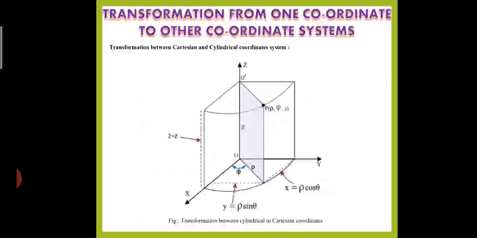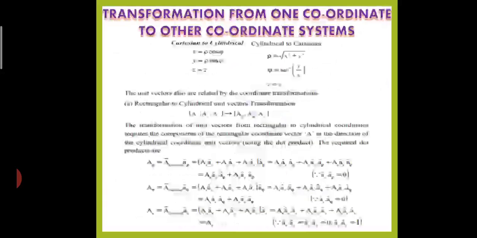The unit vectors are also related by the coordinate transformations. Now, the rectangular to cylindrical unit vector transformation, from ax, ay, az to a rho, a phi and a z. The transformation of unit vectors from rectangular to cylindrical coordinates requires the components of the rectangular coordinate vector A in the direction of the cylindrical coordinate unit vectors using the dot product.